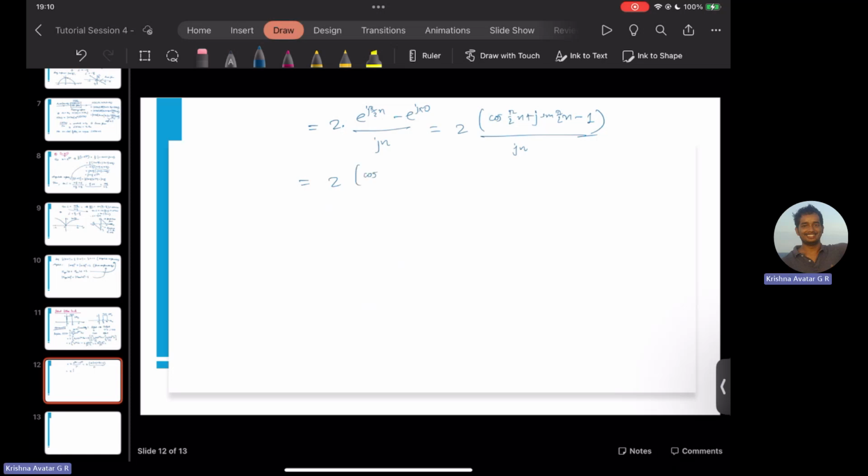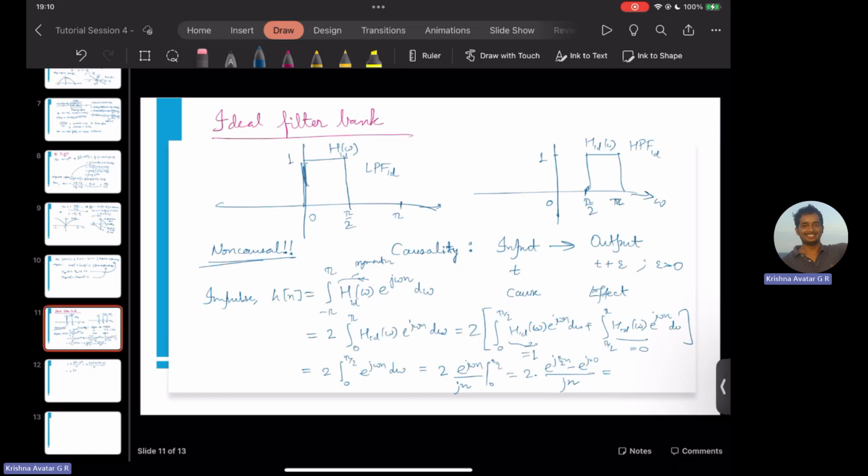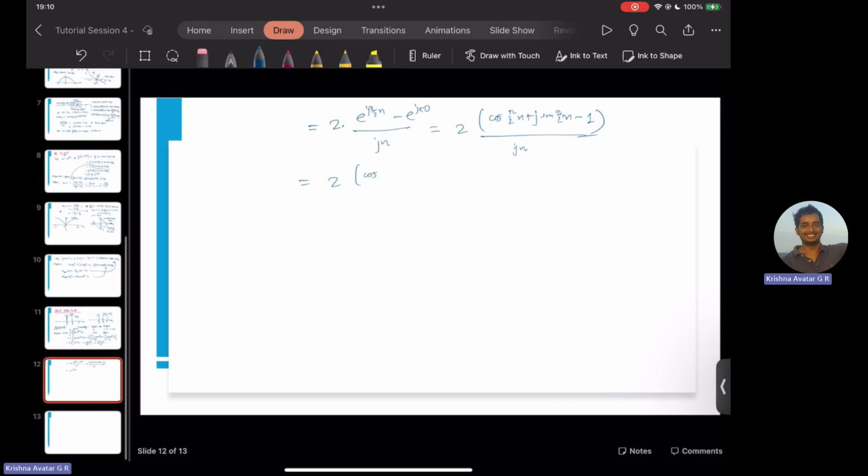This is going to be equal to, since the signal is real, we have to have the real part.